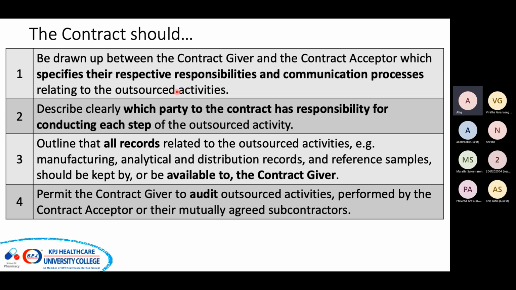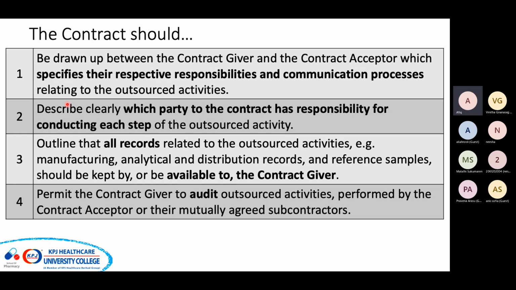Okay, so here, whatever things that need to be included or that have to be done by the contract giver and acceptor need to be listed out in detail. And then including here communication processes, that means the contract acceptor needs to update the result every week or maybe once in 2 weeks, for example. So it can be decided here.